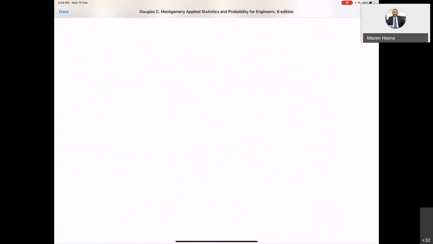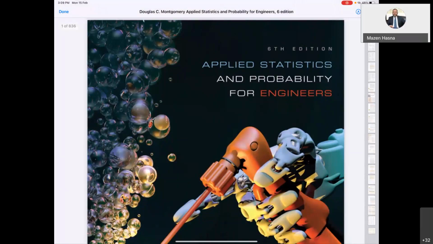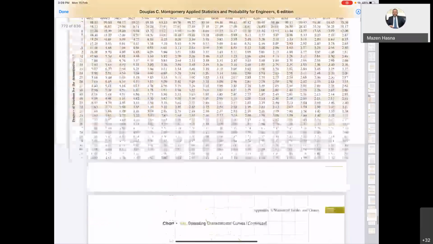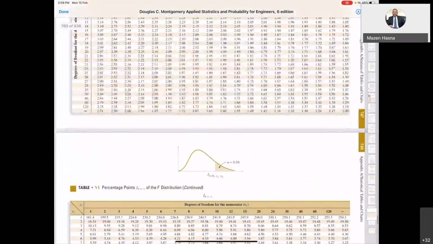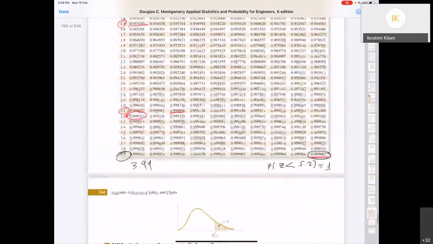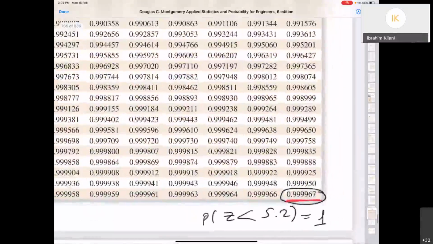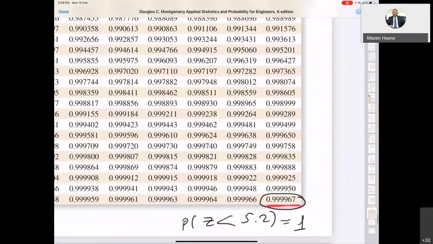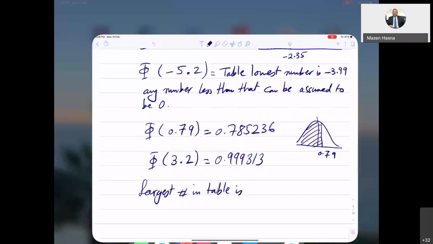Okay, so sorry for this, it's behaving very funny. Happens, doctor. Okay, Murphy's law. So at 3.99, the probability is 0.999967. So it's almost 1. So any number greater than 3.99, you can safely assume it is 1.